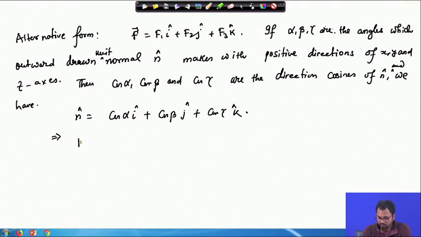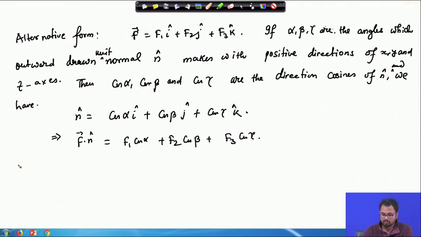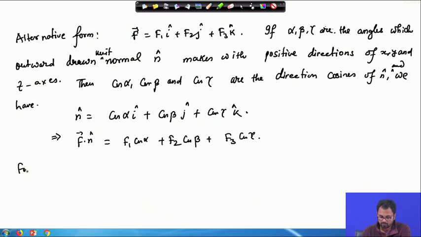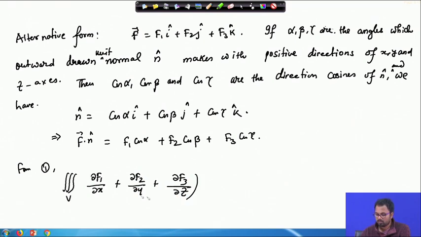Therefore, from here F dot n would be F1 cos alpha plus F2 cos beta plus F3 cos gamma, and from our required Gauss divergence formula, let us call it equation 1, we will have the volume integral of divergence of F. When I apply the divergence operator on F, it will be del F1 by del x plus del F2 by del y plus del F3 by del z times dx dy dz equals the right hand side, the surface integral of F dot n dS.